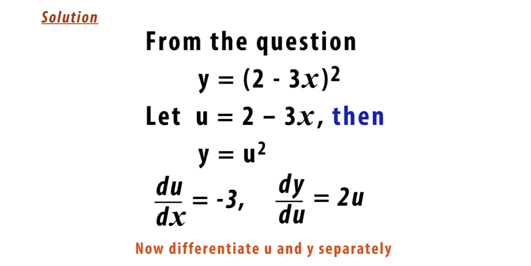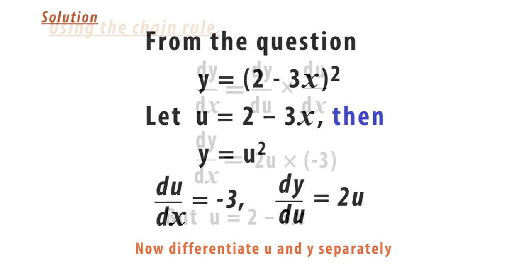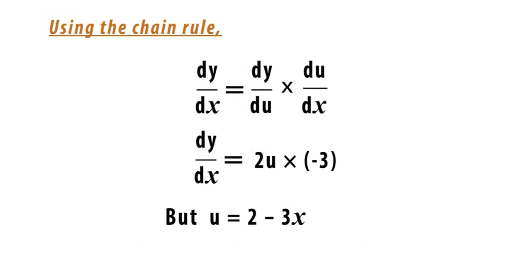So du/dx gives us negative 3, and dy/du equals 2u. Using the chain rule, dy/dx equals dy/du multiplied by du/dx. We will replace the various items, and that will give us dy/dx equals 2u multiplied by negative 3.